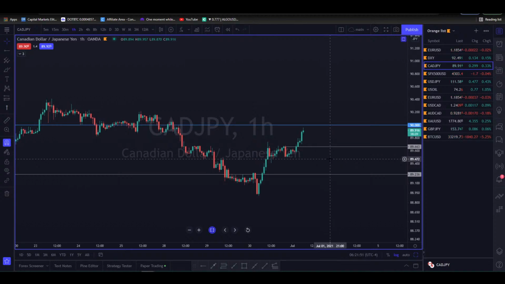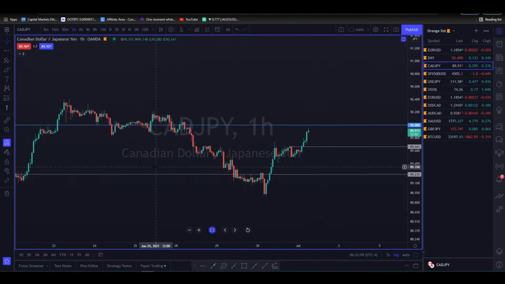Because how much you make on each pip is going to be defined by how many pips you risk and what your total account size is. So how much you're risking per pip is going to be totally independent, right? It's going to be individual. So when I say small, that's what I'm talking about, small pips.